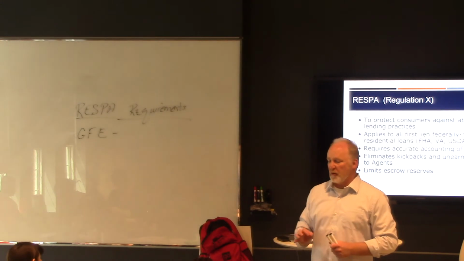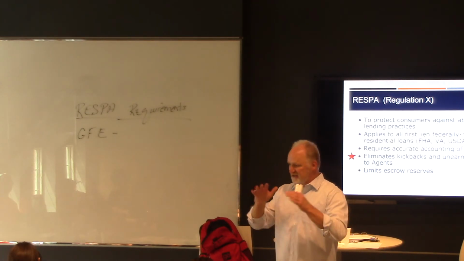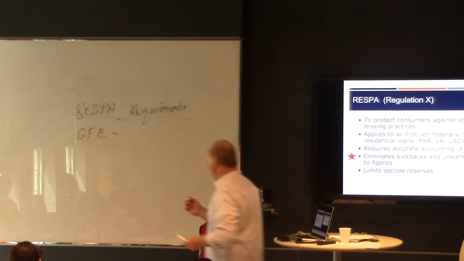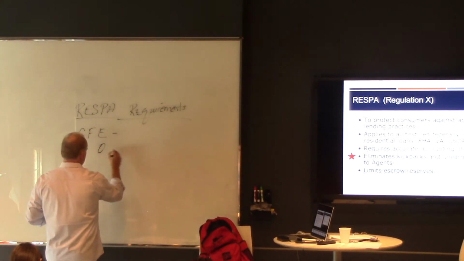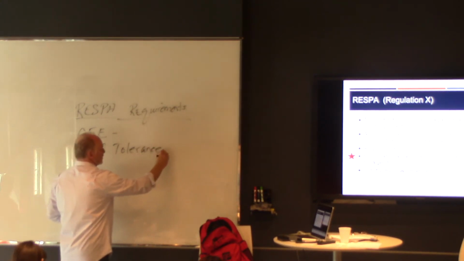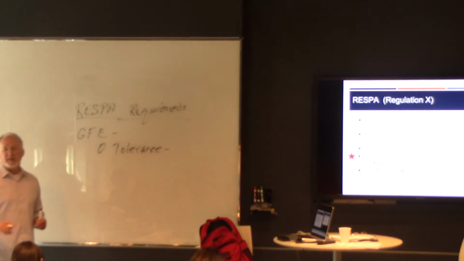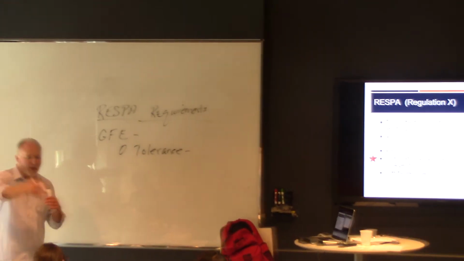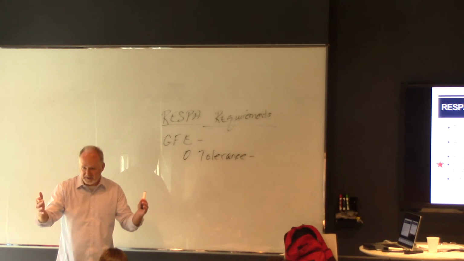So of the tolerance categories, there's one category that is known as zero tolerance. Zero tolerance literally cannot change from the time that the lender quotes it to you until the time you close. By the way, please understand, this assumes that you did not change loan types. If you change loan types, you will get new estimates, okay?